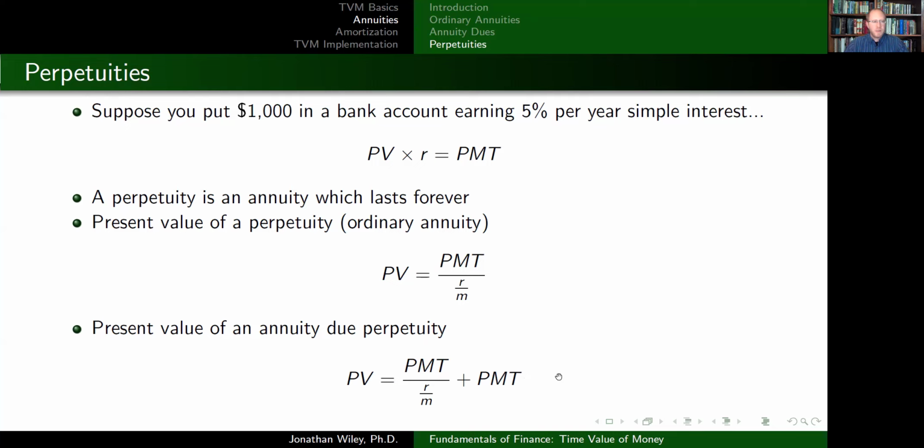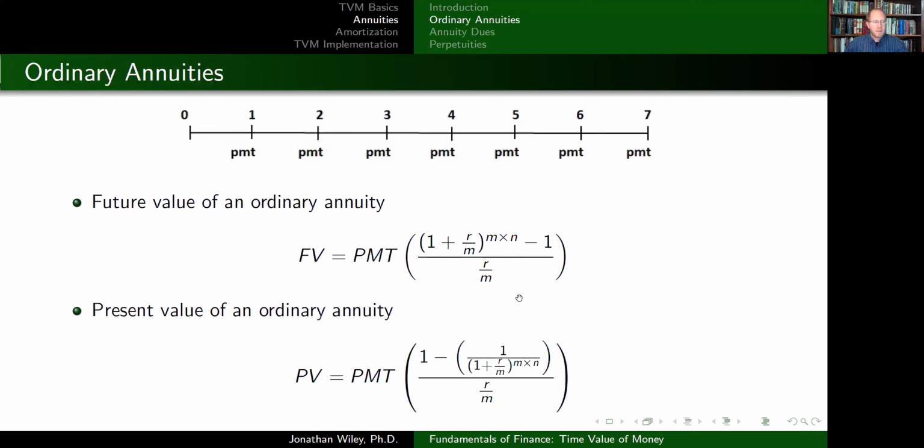Now, a little note that I should toss in here. I'm not going to belabor this point too much, but notice that finding the present value for a perpetuity is payment divided by the rate, the rate per period. If I go back, I have a situation here where if I rearrange this, I could pull this R over M outside and have payment over R over M, which would be the formula for a perpetuity, right?